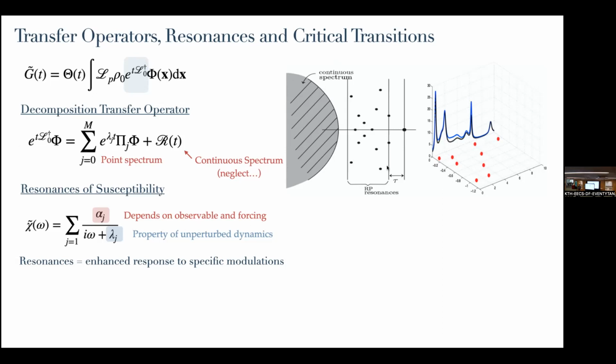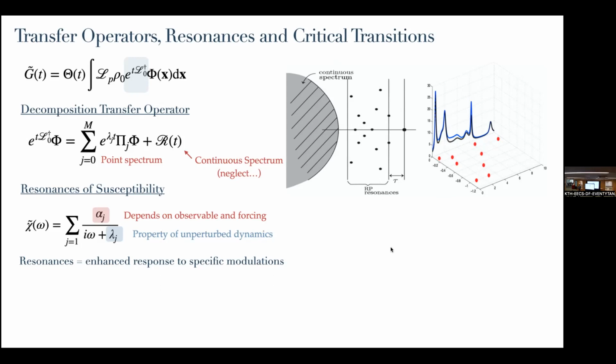For example, here you have a sketch of a typical spectrum of these transfer operators. The point spectrum that you see here in the red dots corresponds to peaks, to resonances of the susceptibility. And the closer these eigenvalues are to the marginal stability line, which would be the imaginary line here, the narrower and the more divergent these peaks are. And the position of these peaks is given by the frequency of these eigenvalues.